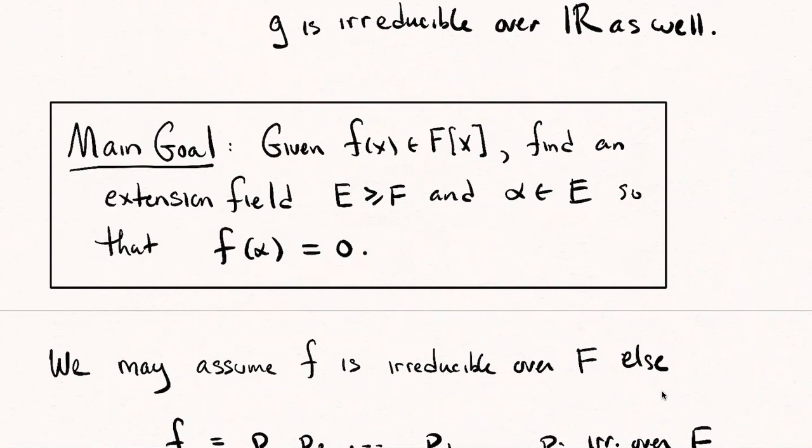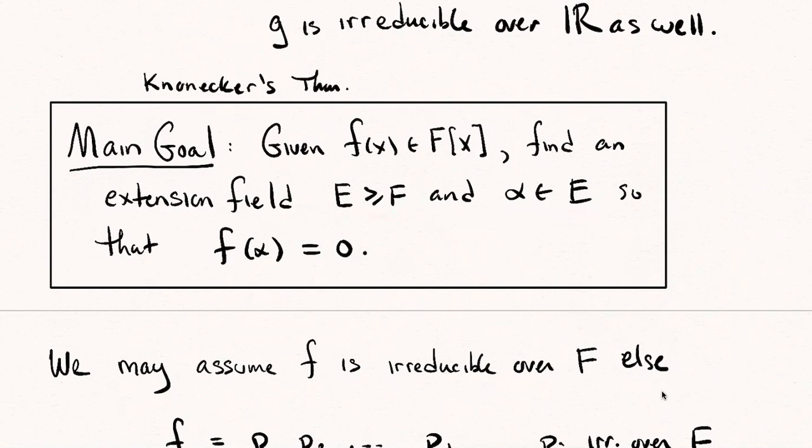I'll tell you the name right now. It's called Kronecker's theorem. Kronecker's theorem is that given a polynomial f over a field, you can always construct an extension and find a 0 for your polynomial in it.